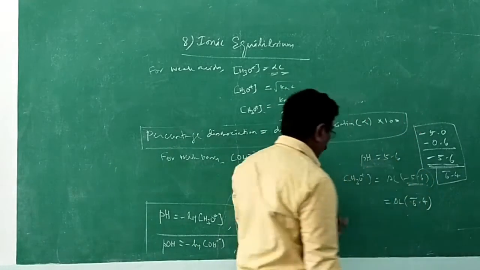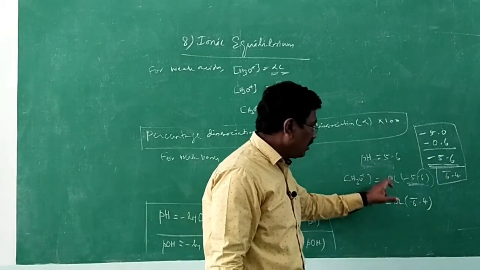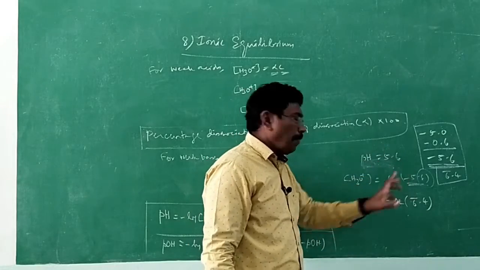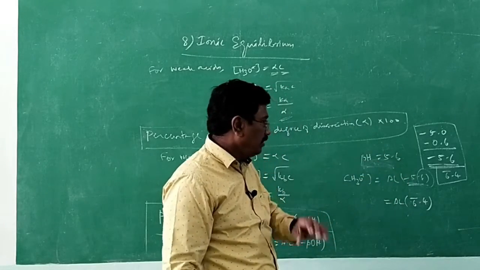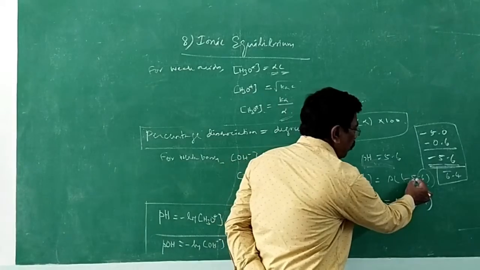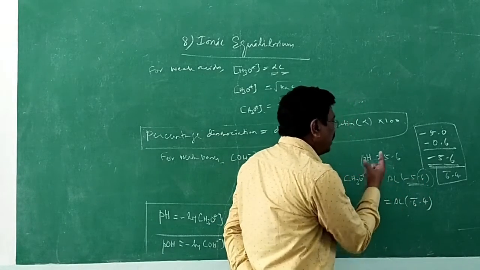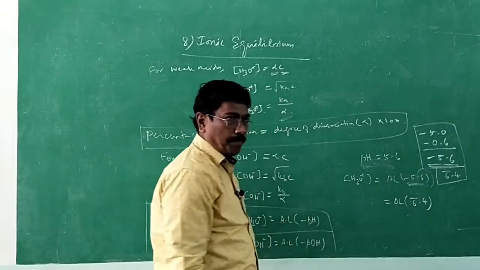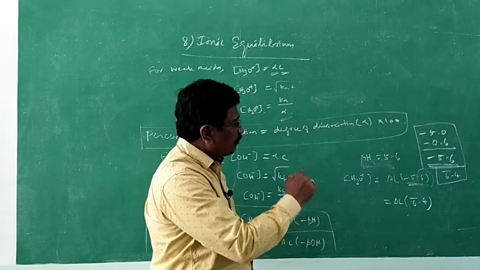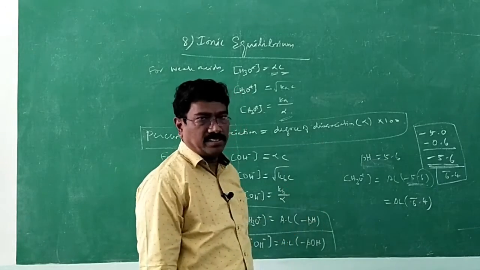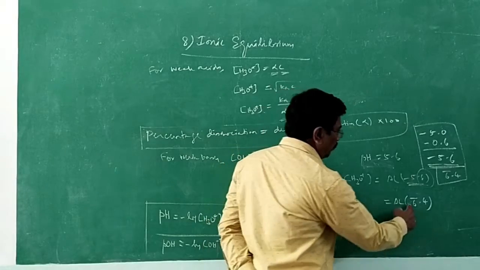Whenever you are asked to find hydrogen ion concentration, you have to take antilog. For a negative number, you cannot take it. So make the decimal part alone positive. How? Increase the whole number by 1; it becomes minus 6.